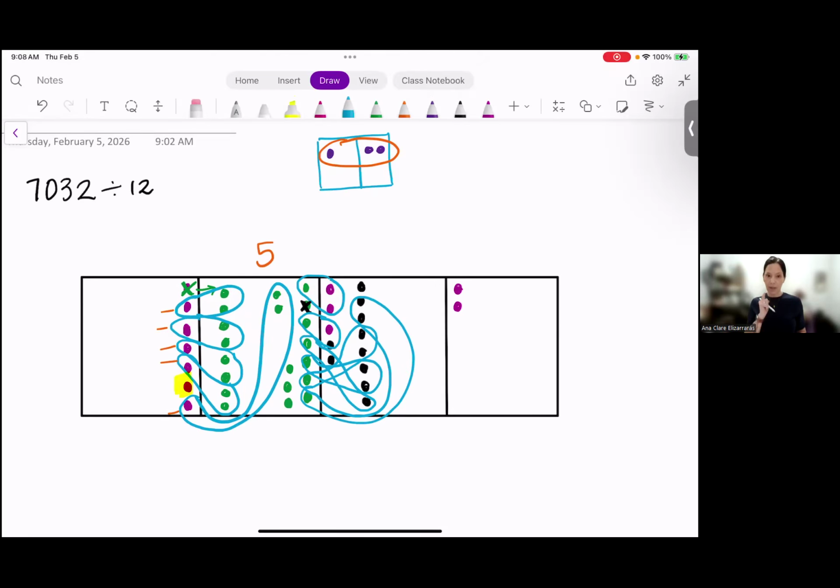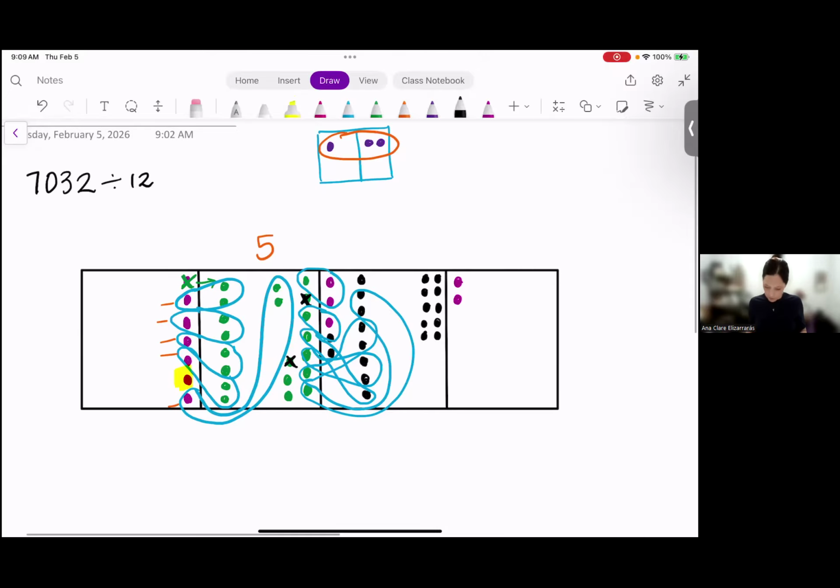So I'm going to unexplode again. I'm going to take another one of these, and I'm going to make 10 dots. 1, 2, 3, 4, 5, 6, 7, 8, 9, 10. I still have 2 green dots in the next box, so I'm going to do 2 more groups of 1, 2. Here's one group of 1, 2.